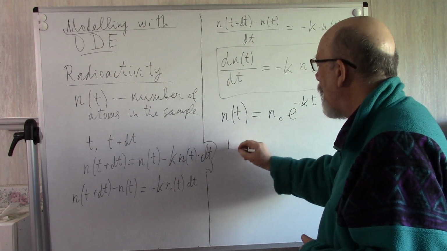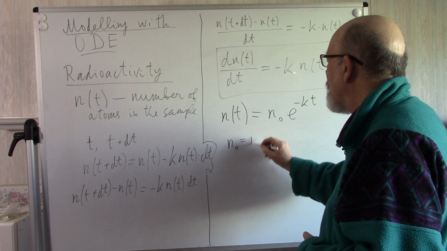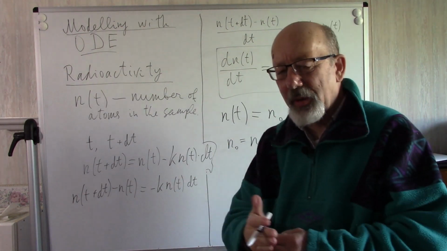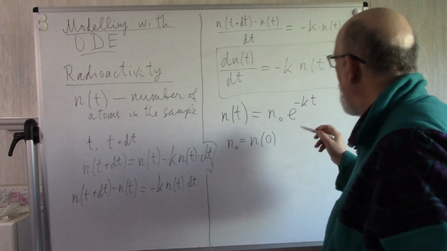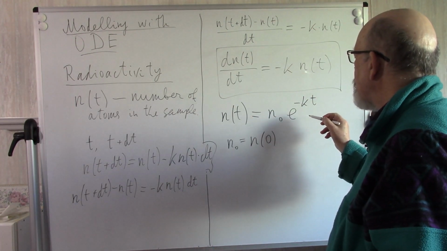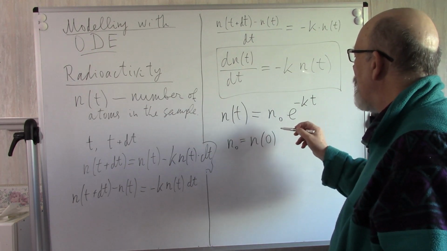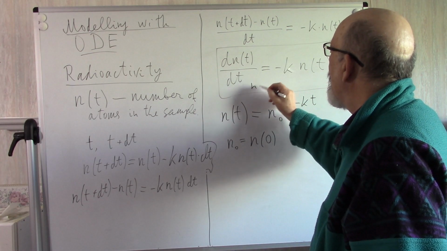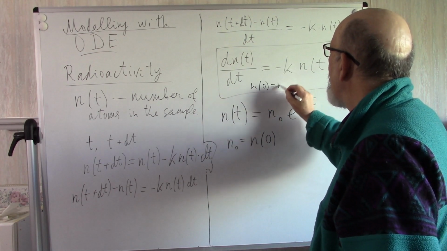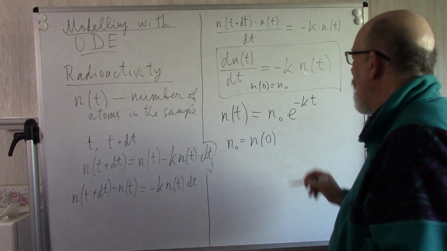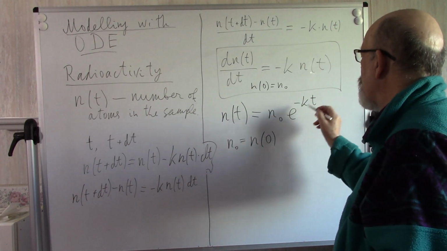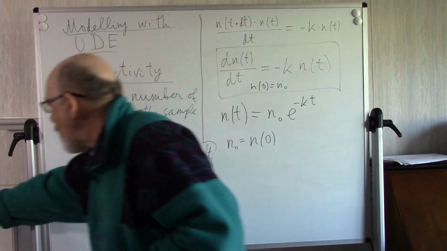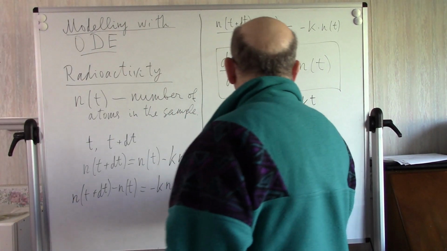Here n0 is n at the moment 0, the moment when we started the experiment. In fact, we are solving the equation with the initial condition n of 0 equals n0. So we have this solution: n of t equals n0 e to the power minus k times t.